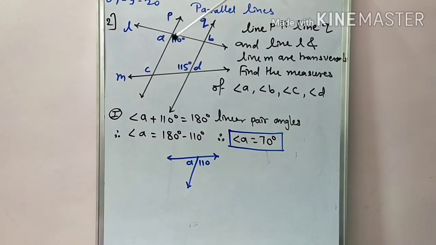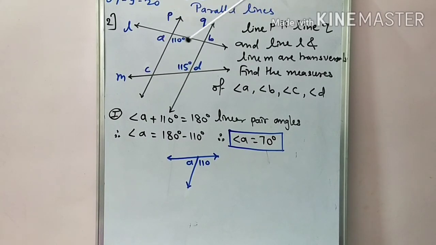Next is angle B. We notice that 110 degrees and B are not alternate angles; the alternate angle of 110 degrees is over here. But what do we know about A and B?